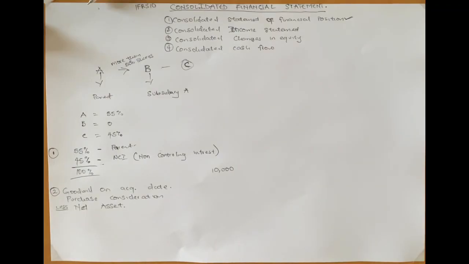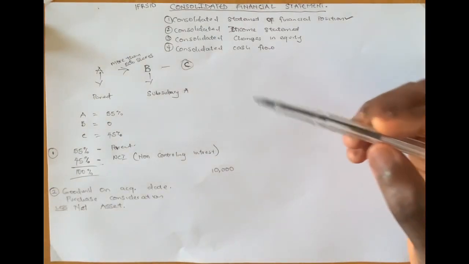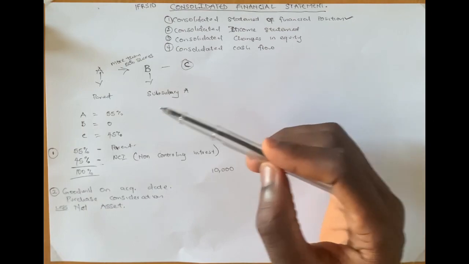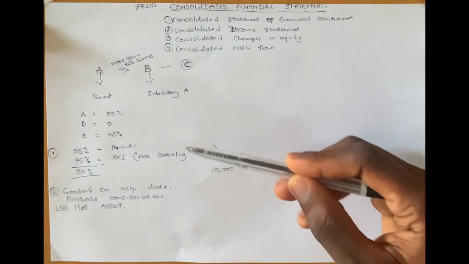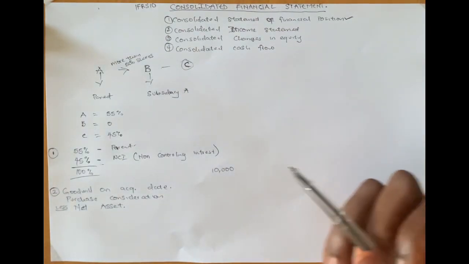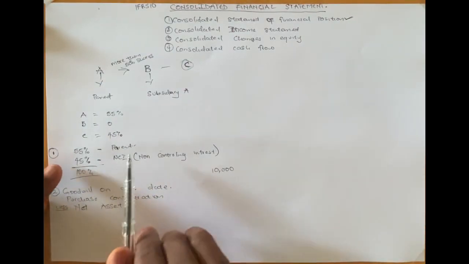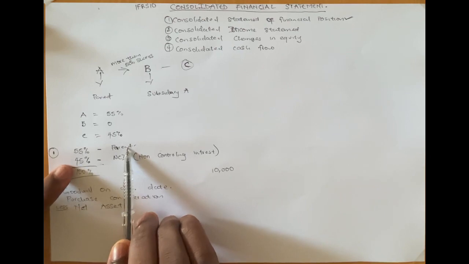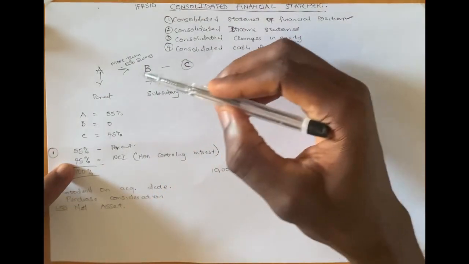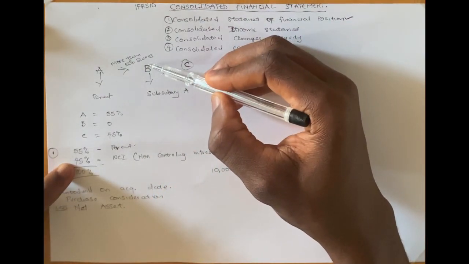So anywhere we come across consolidated statement of financial position, there are 4 or 5 things we have to do. The first one is the group structure. With the example I did earlier, where company A acquired 55% shares in company B, company A technically becomes the parent, while company B is left with 45% shares.